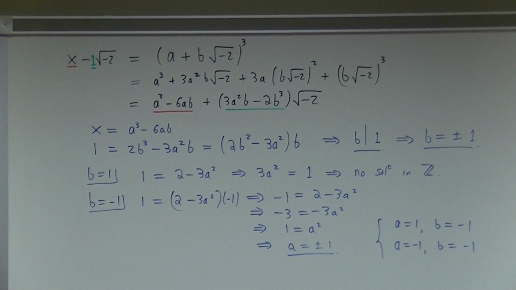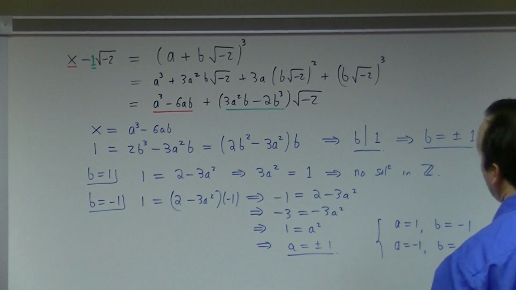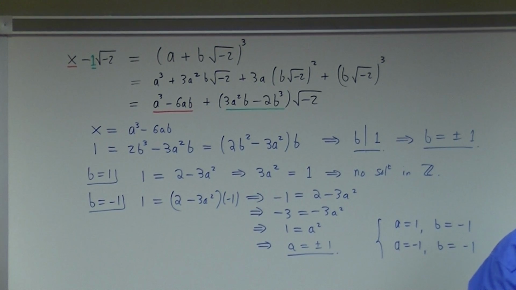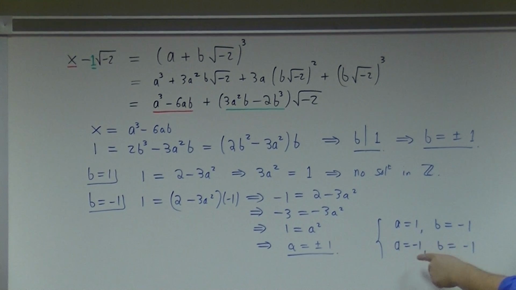Then what do we do? Plug them back in, right? So therefore, we have x is equal to a cubed plus 6a, which is either equal to what? If a is equal to 1, it's 7. If a is equal to minus 1, we get minus 7?